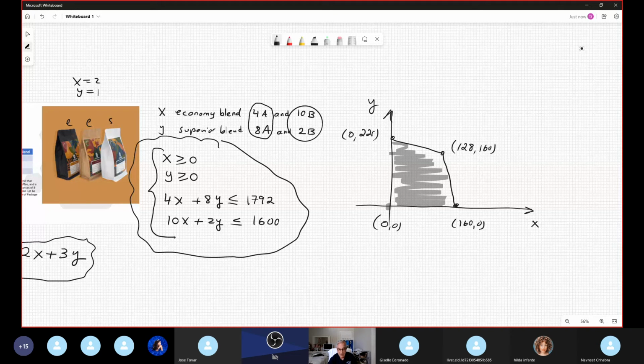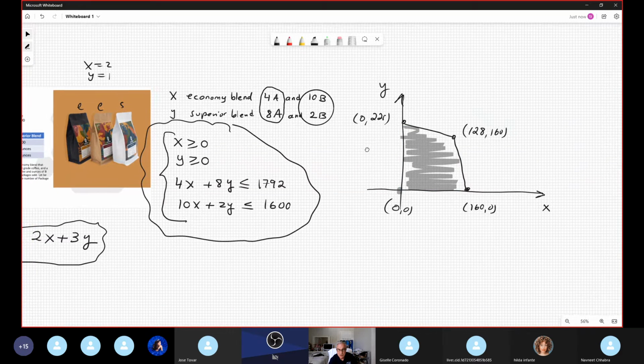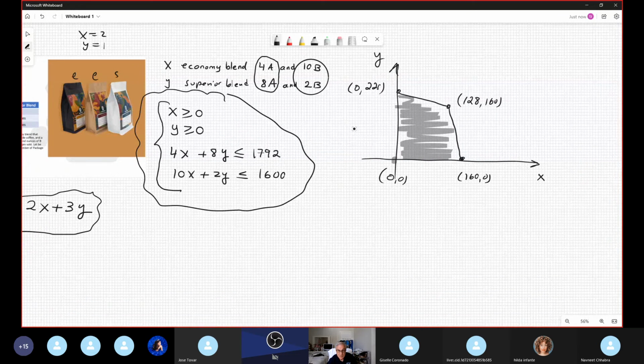Okay, what should I do now? Well, evaluate the objective function in these corners one by one. Let's do it. Evaluate at 128,160. I did that. It's 2 times 128 plus 3 times 160. And the answer was 736.